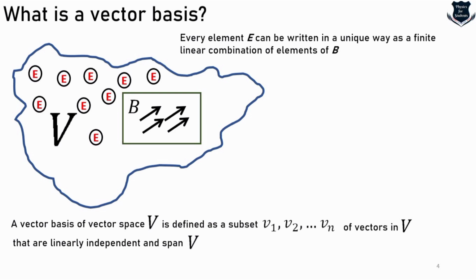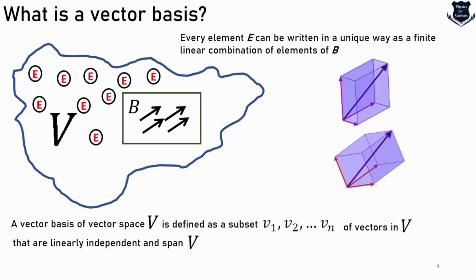Now, if you see this picture on the right-hand side, this purple vector can be represented like this in two different bases, while the red vector can also be represented like this.